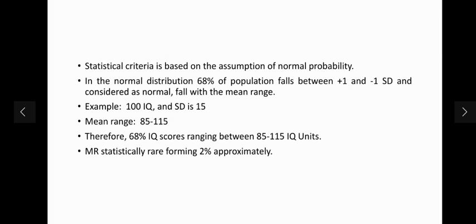So 68% of the people will have their IQ in the range of 85 to 115. If it is significantly less than that, it will be considered as MR or mentally retarded. And it is found that about 2% of the people in the normal population will have their IQ very significantly less than the normal range of 85 to 115.